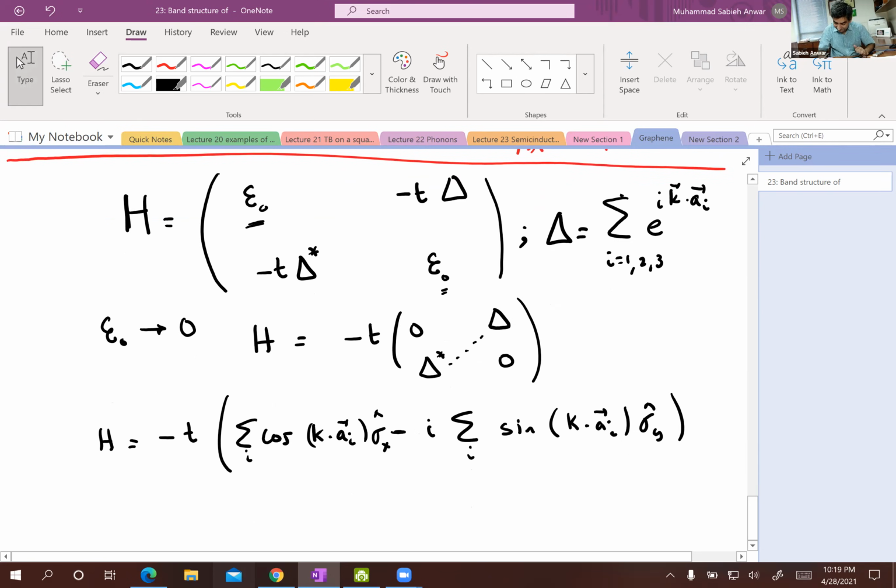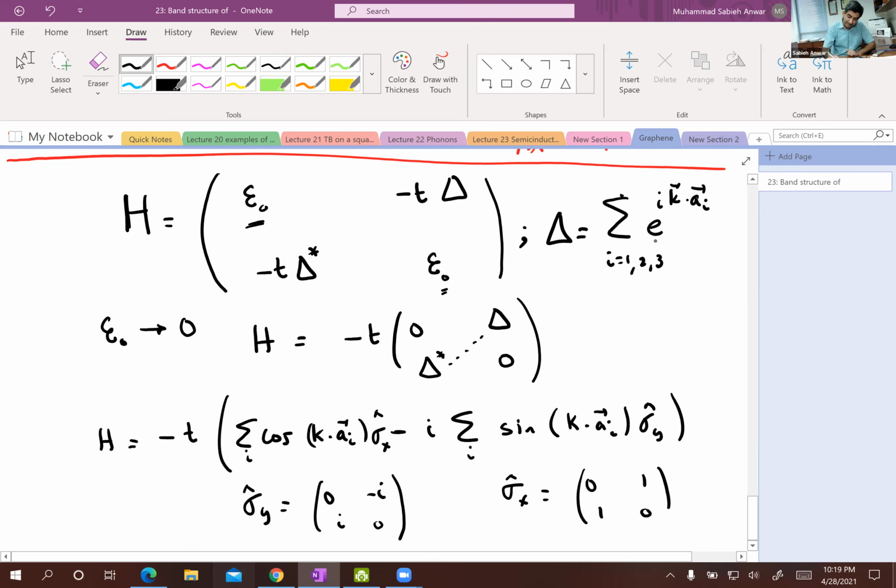All right. So is this making sense? So sigma x, if I define sigma x to be 0, 1, 1, 0, sigma y to be 0, minus i, i, 0, I expand this as cosine of K a_i plus i sine of K a_i. I will immediately find out this expression for the Hamiltonian in terms of the Pauli operators.